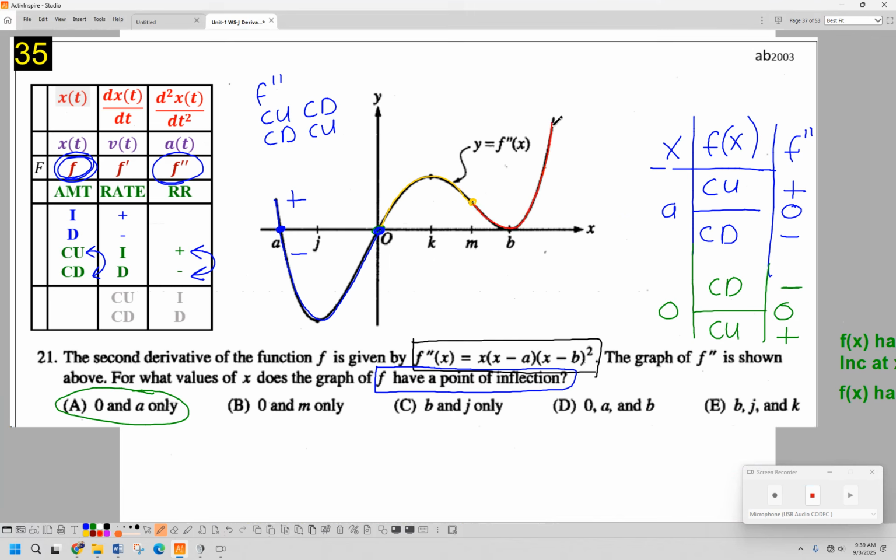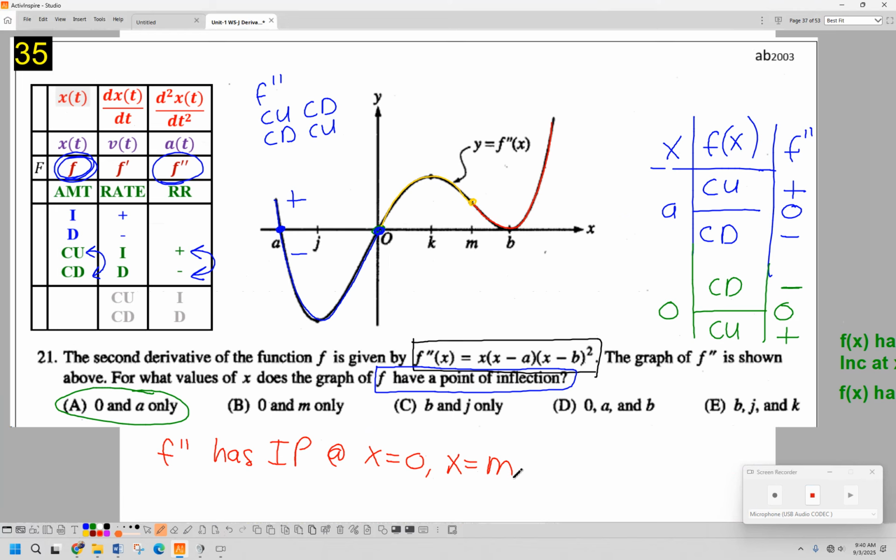So f double prime has inflection points at x equals 0 and x equal m. So f double prime has inflection points at different x coordinates than f, because they're two different graphs.